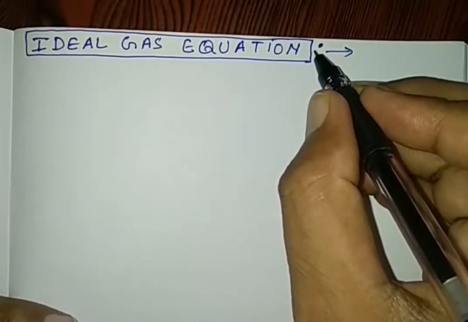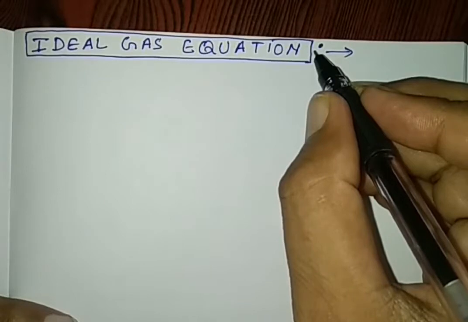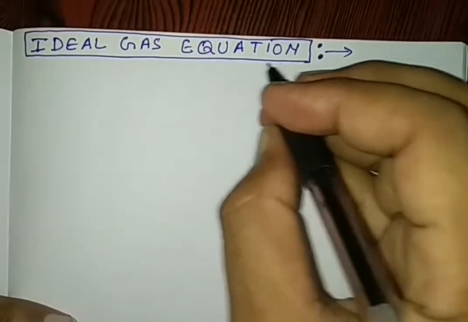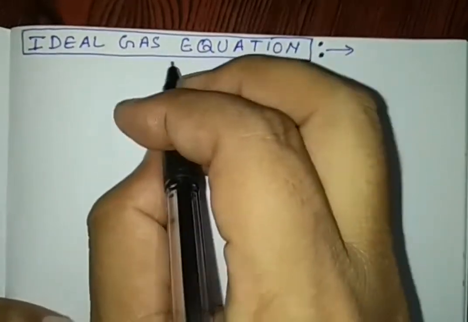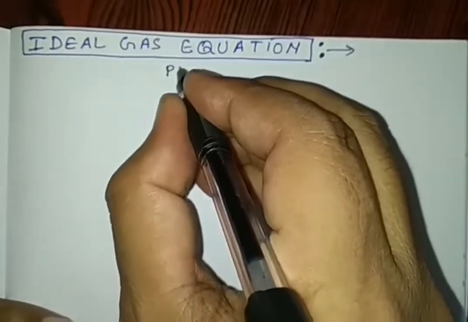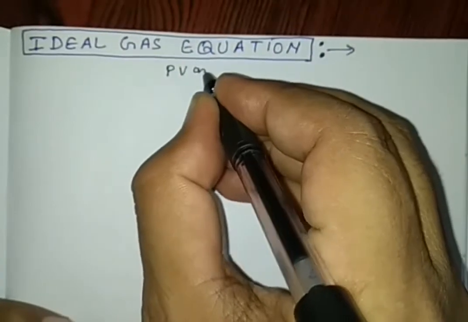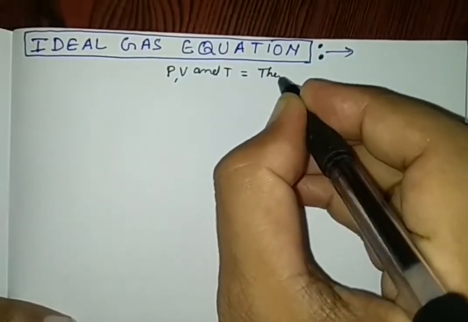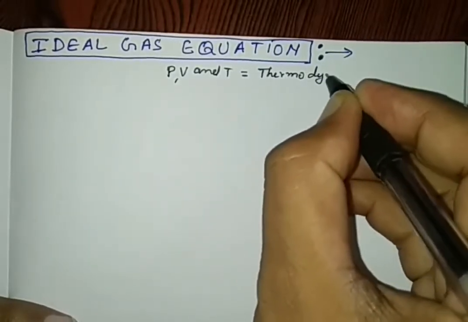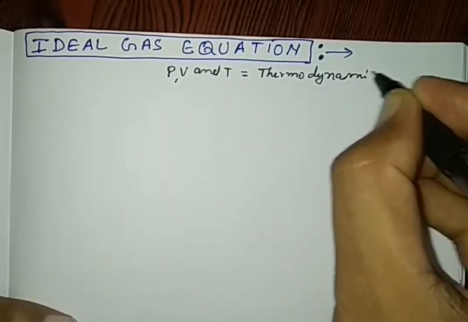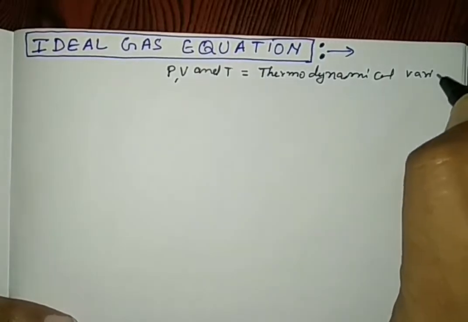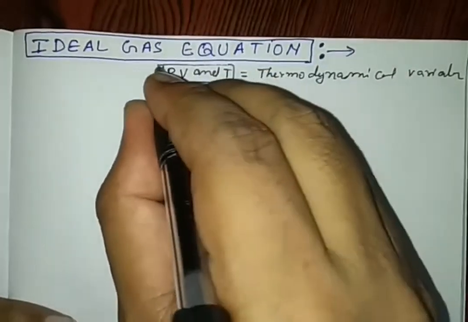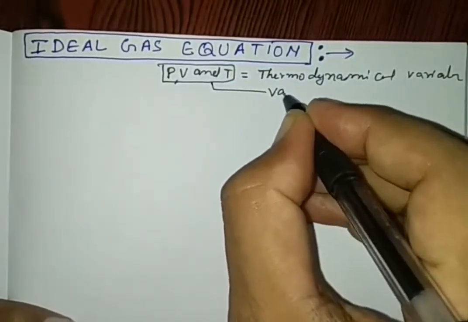Before the ideal gas equation we must have seen Boyle's law and Charles' law. Under different thermodynamical variables, we know pressure, volume and temperature are thermodynamical variables.